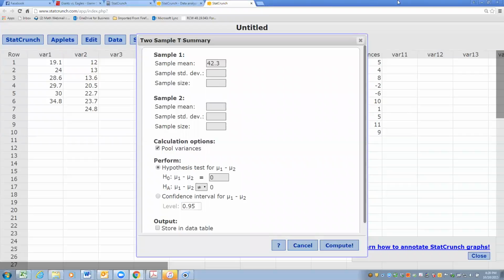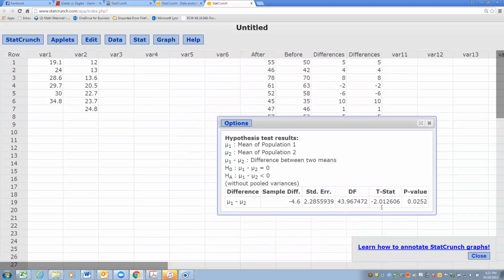My standard deviation was 8.2. And N was 24. I had a sample mean of 46.9 for the second one. I had a standard deviation of 7.3 and a sample size of 22. We're not going to pool the variances. We were looking at less than, and we hit compute.